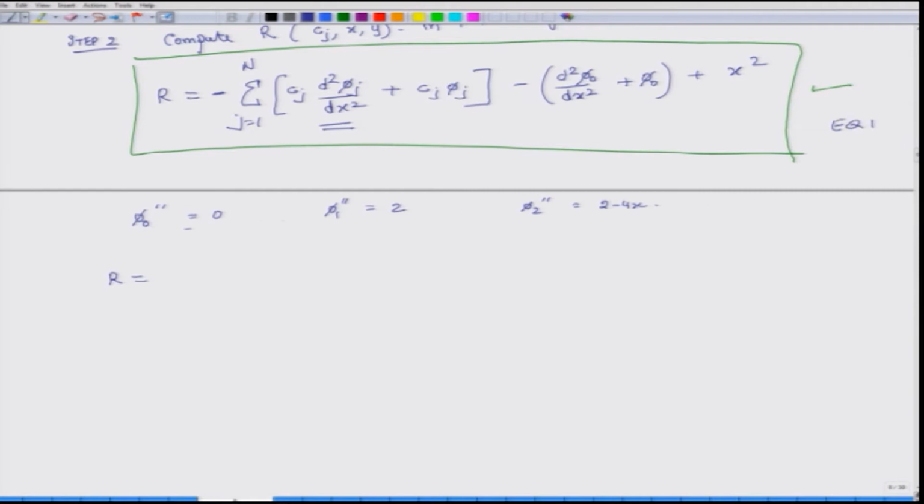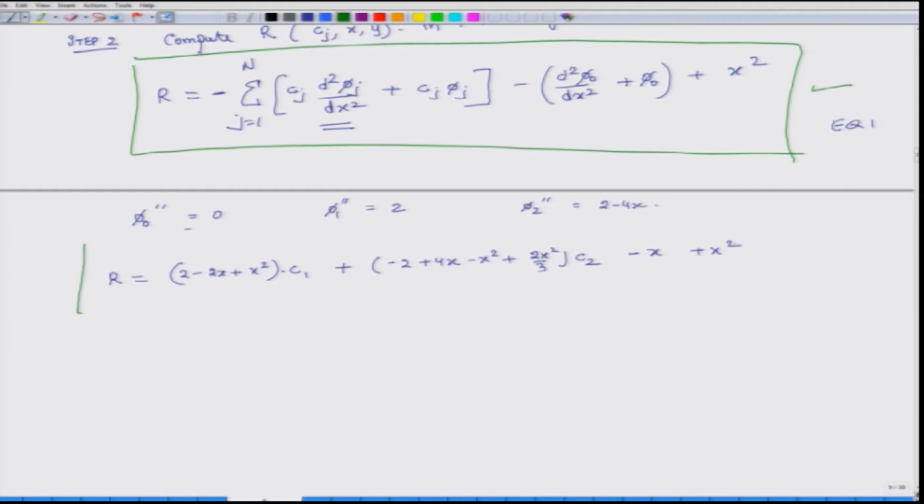If I plug phi naught double prime, phi 1 double prime and phi 2 double prime into the first equation, then my r comes out as 2 minus 2x plus x square times C1, plus minus 2 plus 4x minus x square plus 2x square by 3 times C2, minus x plus x square.